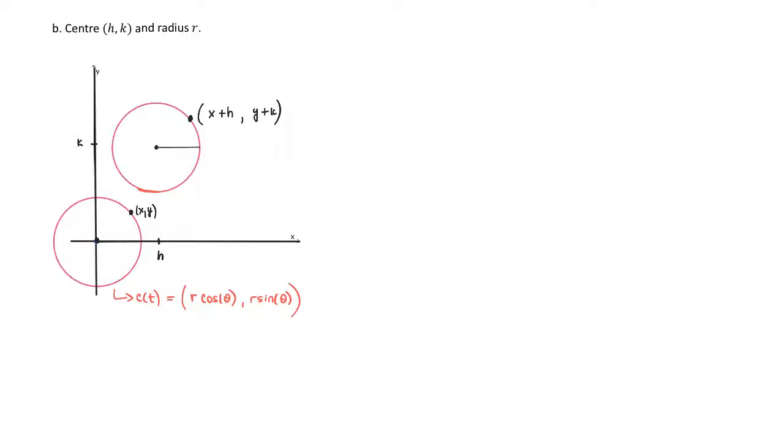So then that means that if we want to get the new parametrization, we don't have to do a lot of work anymore. We just have to apply the same translation to the x component and the y component. To the x component, we apply h. To the y component, we're going to apply k.